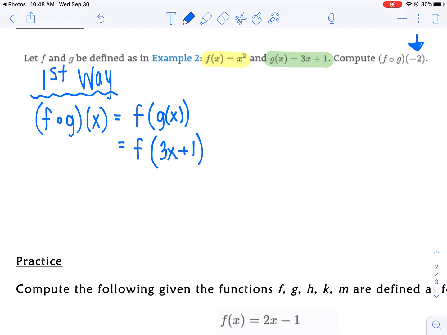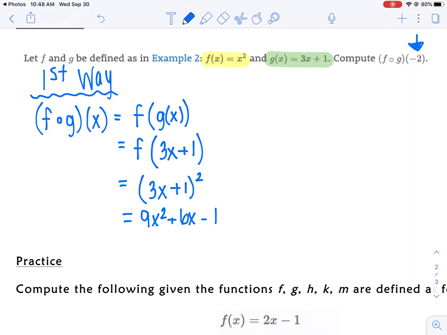So that means wherever I see an x in the f function, I'm going to replace it with 3x plus 1. So here, the first value is just x squared, so it's 3x plus 1 squared. FOIL that little one, you'll get 9x squared plus 6x plus 1.